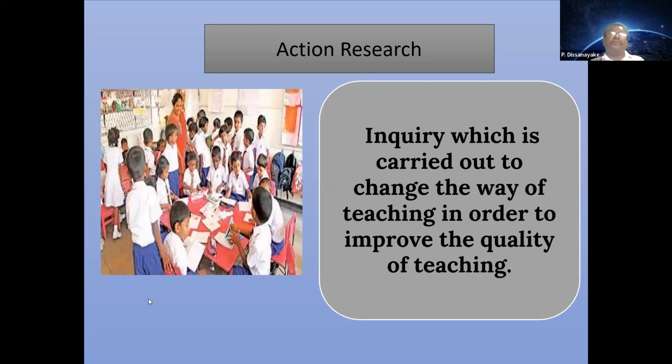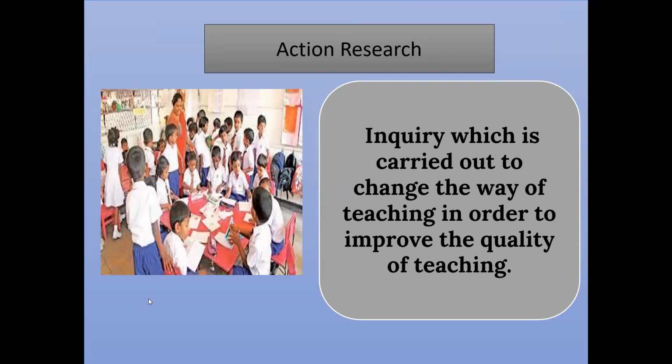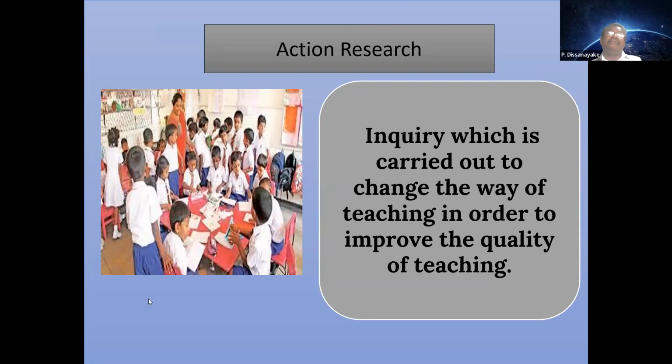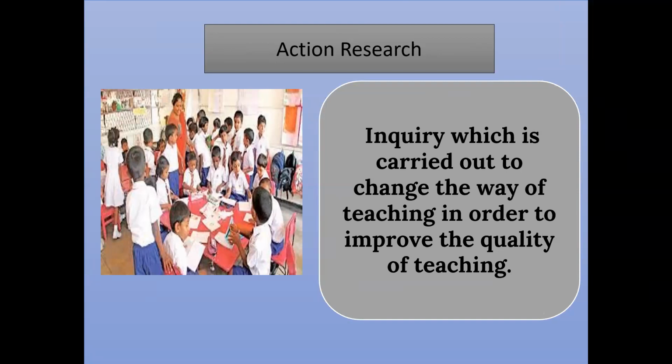How can I improve the quality of group work while I am practicing? When you find a solution, you improve the quality of teaching. So you are in the classroom with this specific problem in mind, you are a practitioner now.